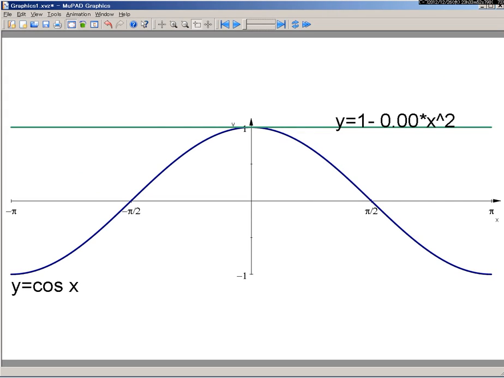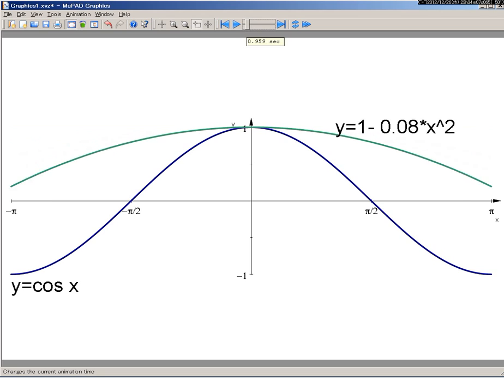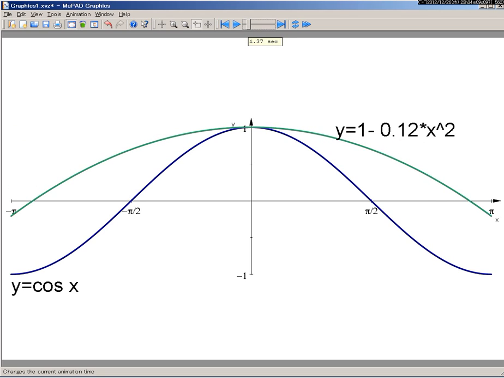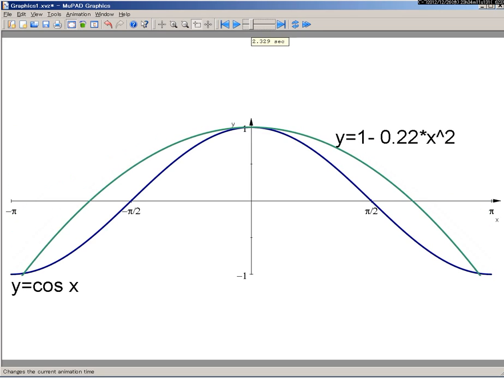The blue curve is y equals cosine x, and the green curve is y equals 1 minus ax squared. Now a is 0. And we are going to increase a to find the best approximation of y equals cosine x around x equals 0.